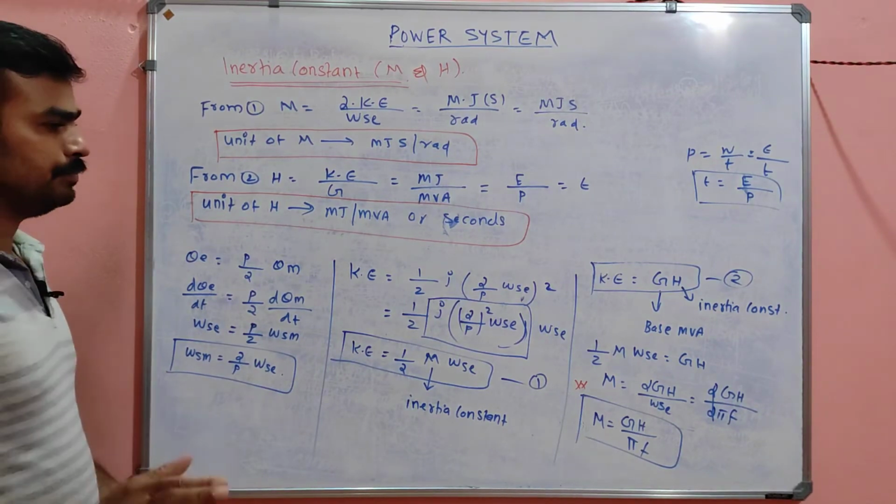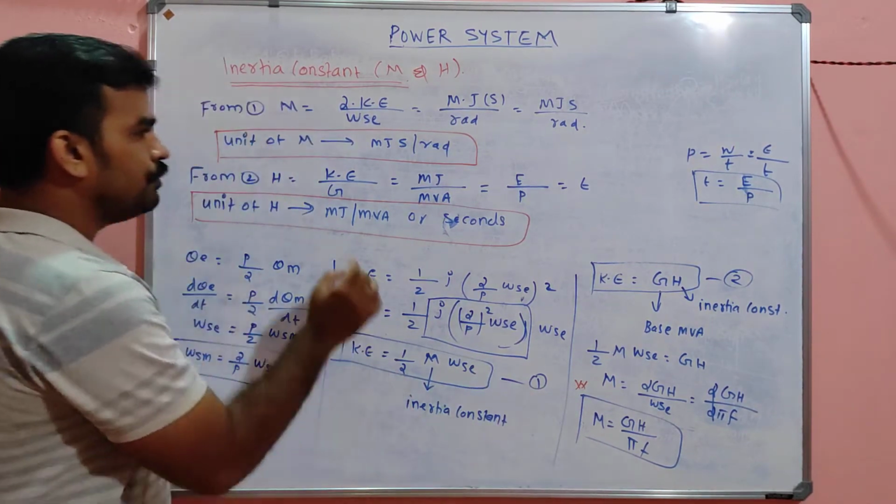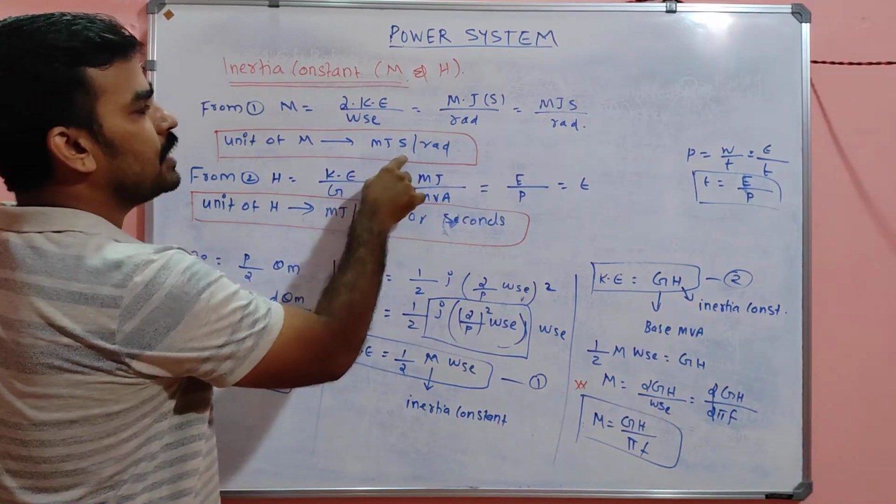See, my dears, from equation number 1, you got the moment of inertia M with unit megajoule second per radian.